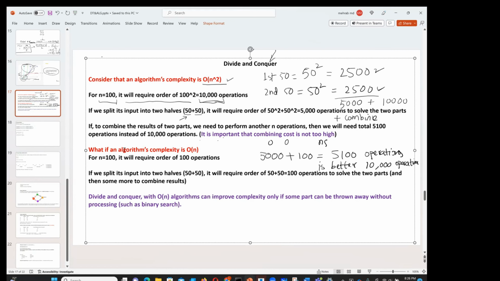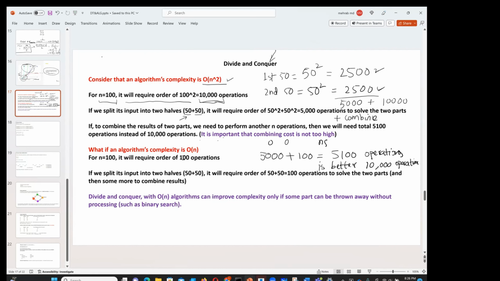Now let's say I have another algorithm which has a complexity of order of n. Okay? So if it's order of n, for an input size of 100, how many operations will I need? Can someone tell me? It will require on the order of 100 operations, right?